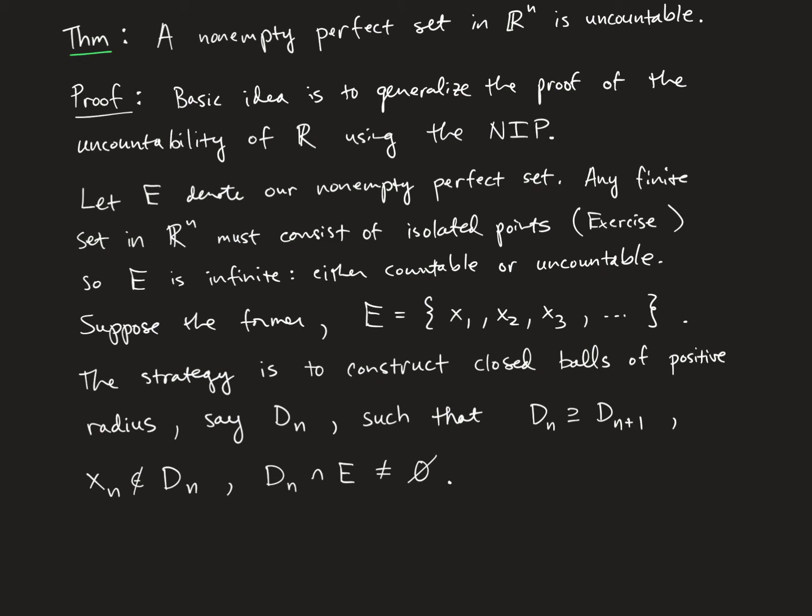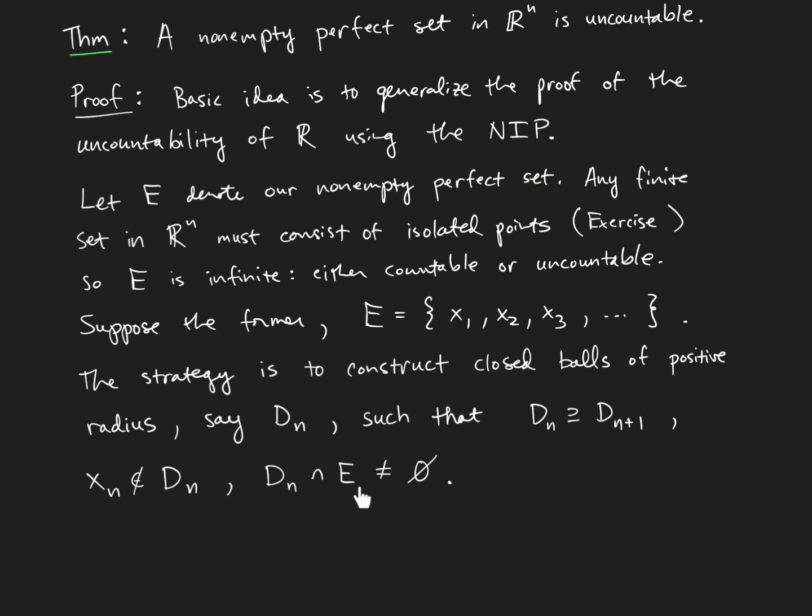And they'll be compact because Dn is a bounded closed ball, and E is a closed set. So these are both closed sets. Their intersection is closed, it's bounded, and they're nested. Call this Dn intersect E Kn. All those are compact sets which are nested, and they're non-empty by this condition. So their intersection is going to be contained in the set E.